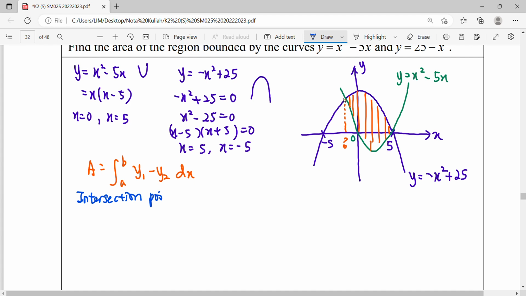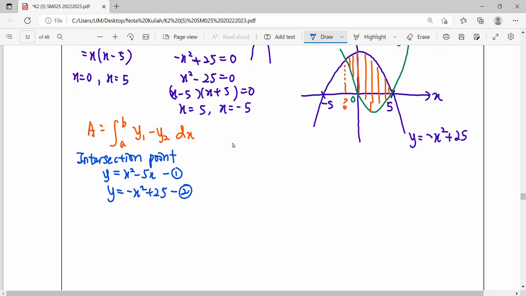Intersection point. y equals x squared minus 5x, equation 1. y equals negative x squared plus 25, equation 2. When we substitute, we find the intersection point.